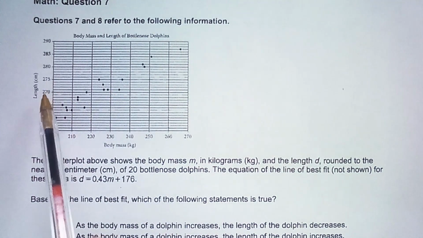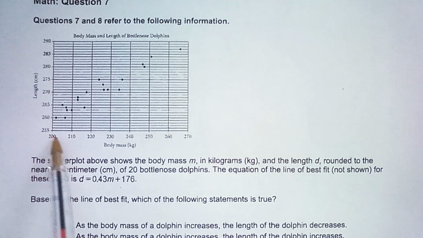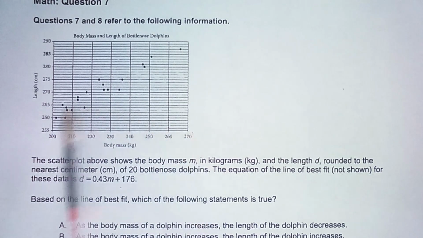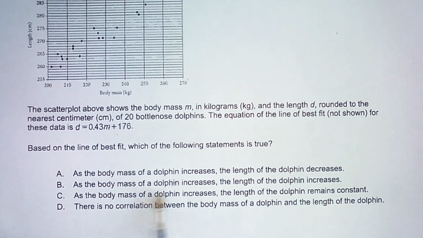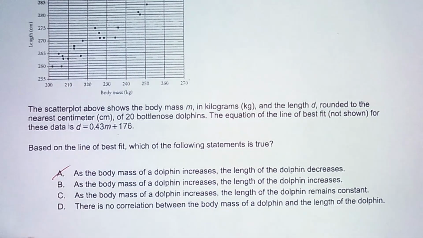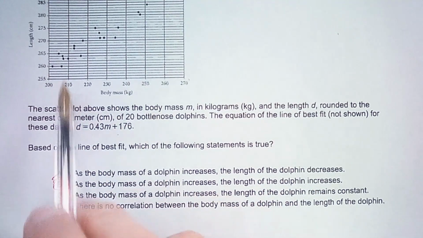Now, if I look at this graph, it looks like as the body mass increases, the length also seems to be increasing. Okay, so is it true that as the body mass of a dolphin increases, the length decreases? No, that doesn't seem to be true. As the body mass of a dolphin increases, the length of the dolphin increases. Yeah, that's definitely true.